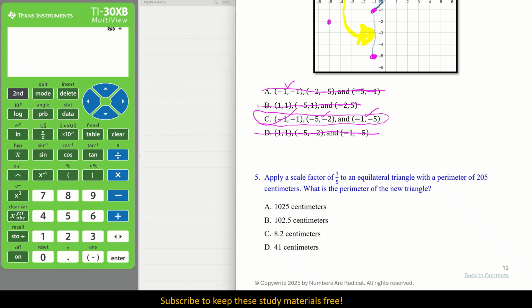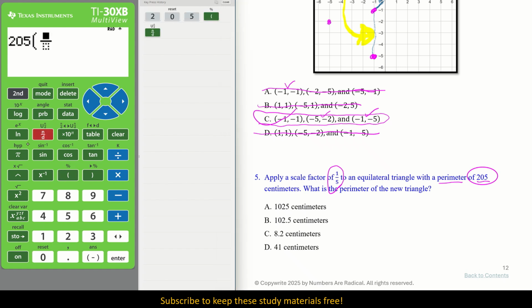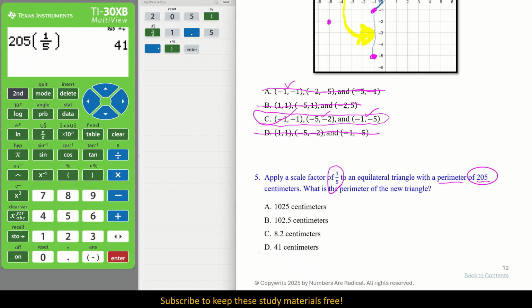All we have to do is take the perimeter and apply 1/5. Because it's scale factor, that implies that we multiply. So 205, I'm going to put it in parentheses, fraction 1/5, arrow over, close, press enter, 41. And that is correct. This is the last question in this particular video.